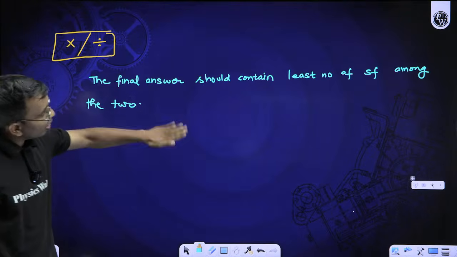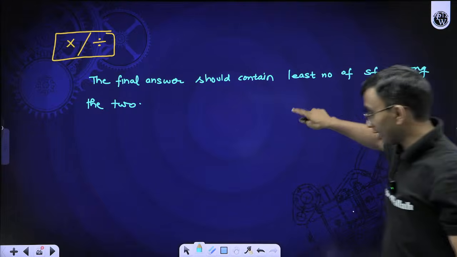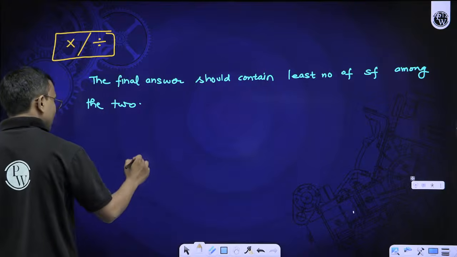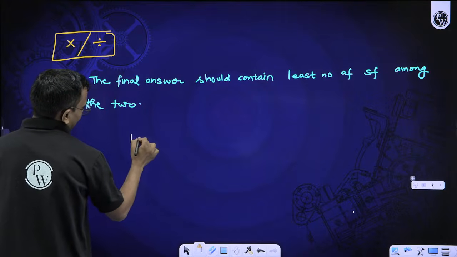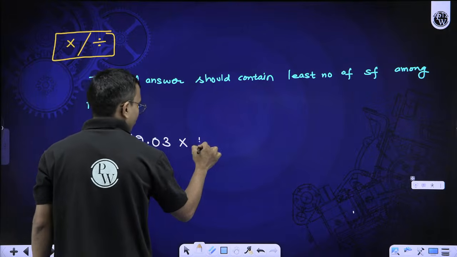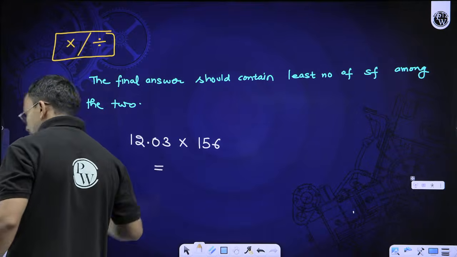Here, least number of total significant figures. Let us take, if I ask you, multiply 12.03 into 156. Okay, multiply these two.